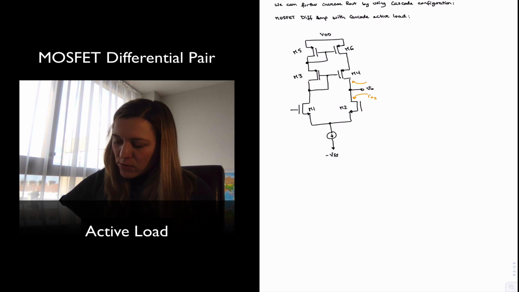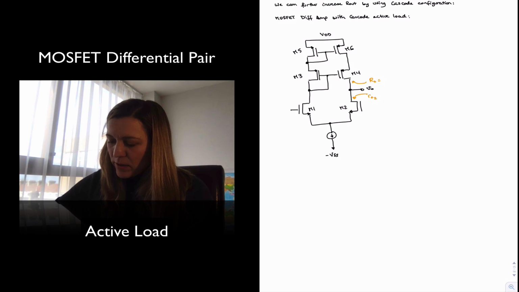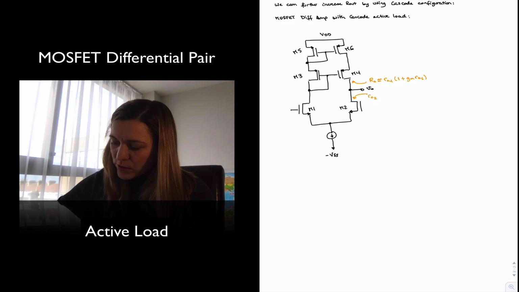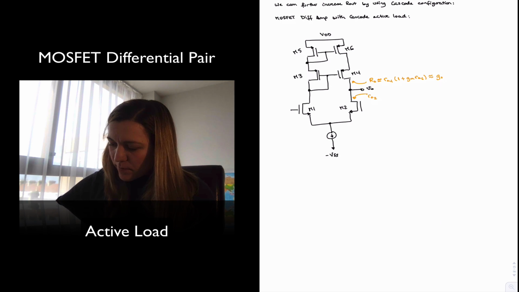The output resistance looking there, we can call it capital RO, will be approximately equal to ROut4 times 1 plus GM little RO6, but approximately equal to ROut4 or GM ROut4 ROut6.